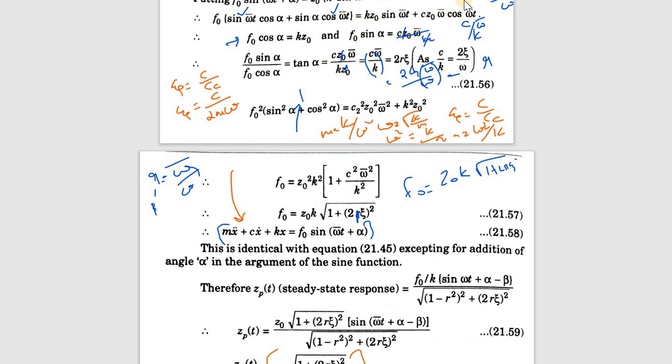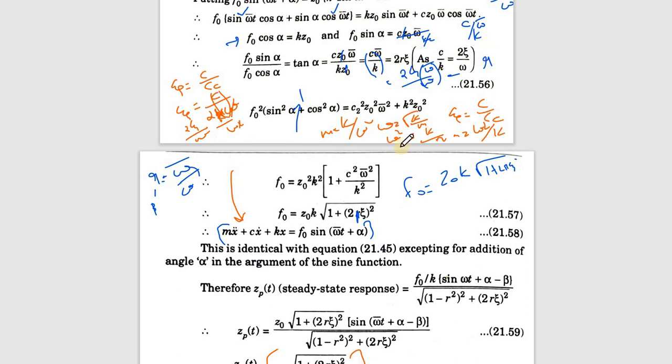Here instead of m I am writing k by omega square, so omega goes to the numerator. So C by k is equal to 2 theta by omega. That is how this term has been written.